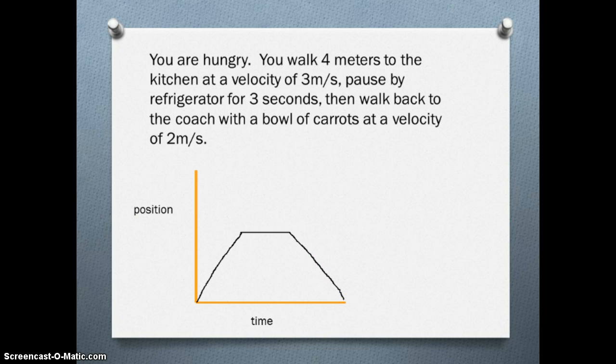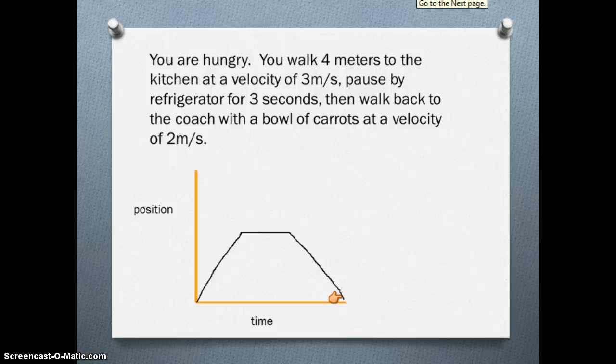Remember, with these kinds of graphs, it usually starts at 0, because you're not moving, and then you're accelerating, and then you pause. Your distance or position doesn't change, but time continues to move on, and then you walk back to the couch. So that's how you would sketch a problem similar to this.